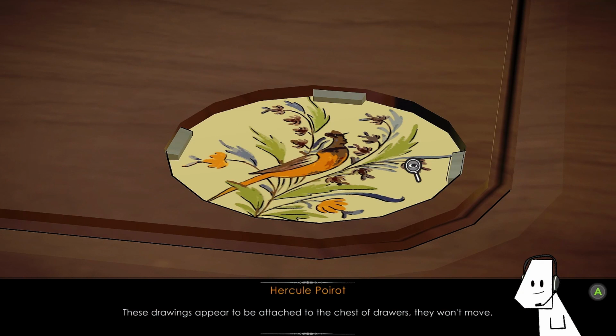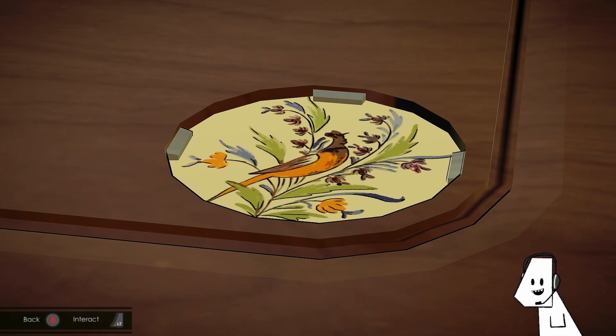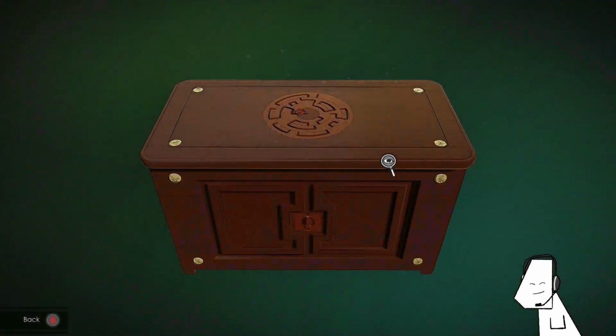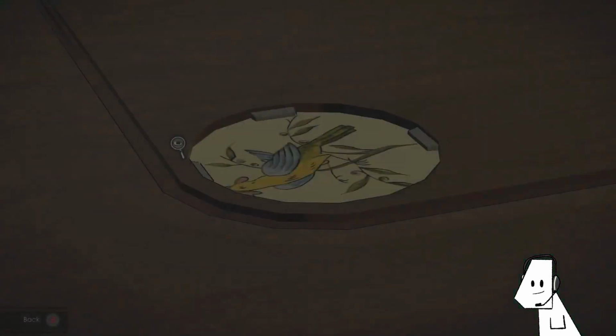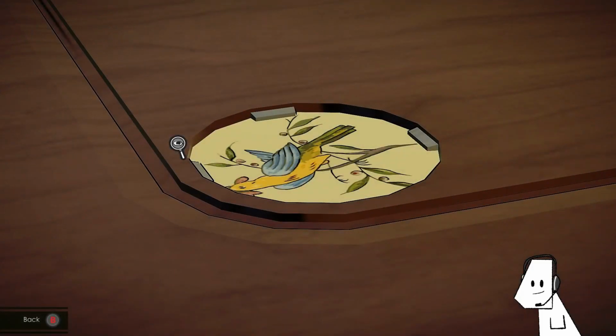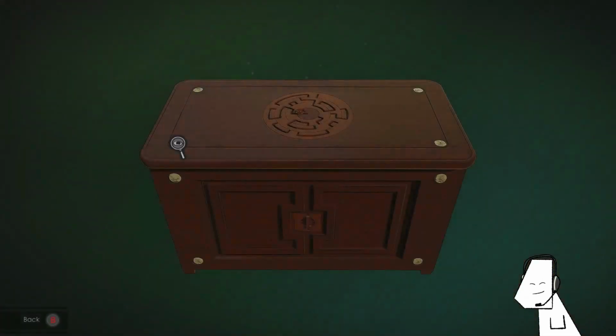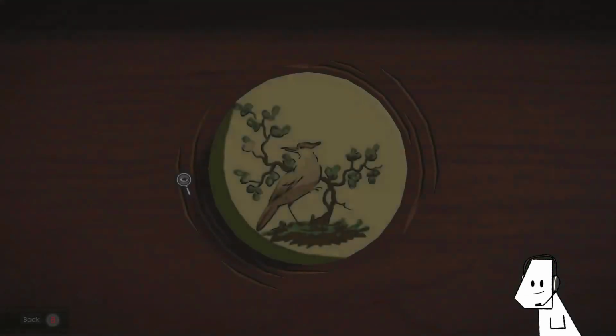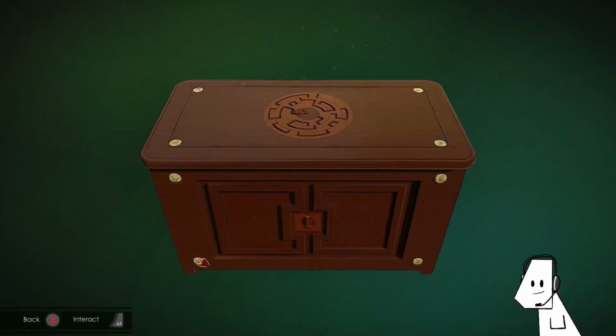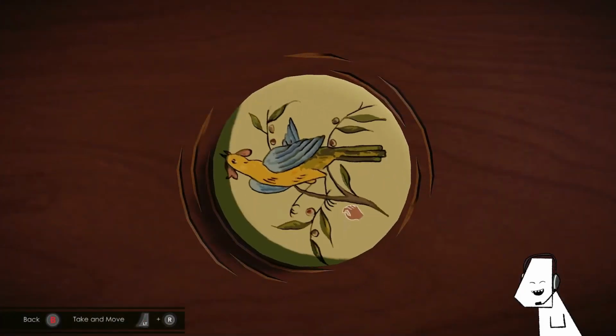These drawings appear to be attached to the chest of drawers. They won't... Okay, so this is the angle that they have to be in. So it has to be facing... Okay. Not this one. So this one has to be like that. Perfect.